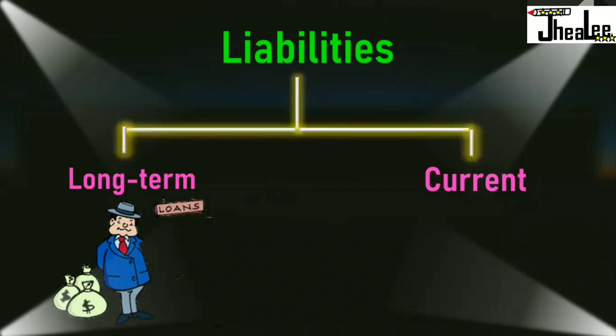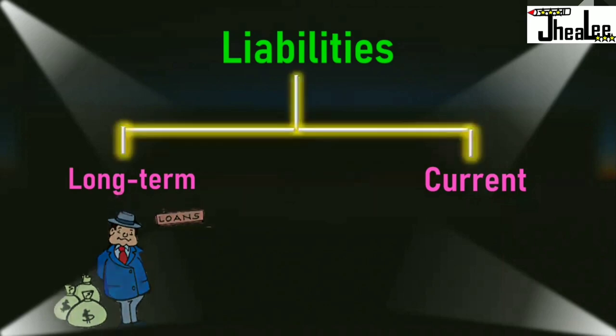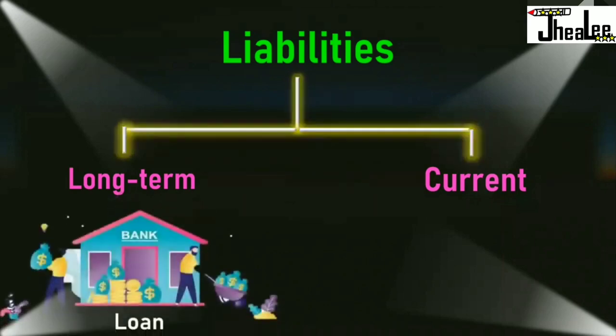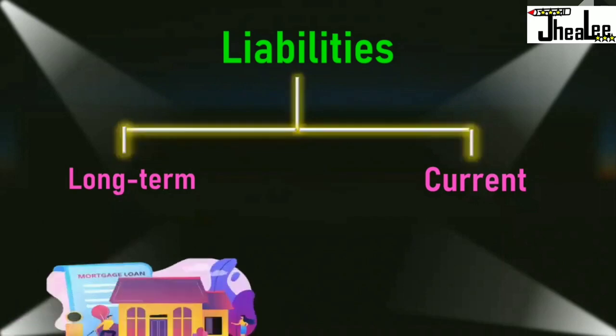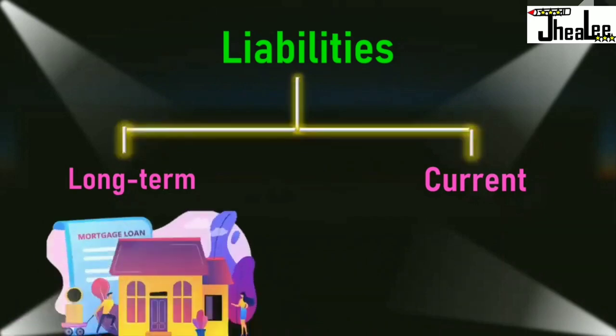Or if the entire loan itself is repayable within a 12-month period, then that is classified as a current liability. Another long-term liability there is a bank loan. The mortgage is a long-term liability as well, because mortgage is usually repayable over a long period. So therefore, it is a long-term liability.